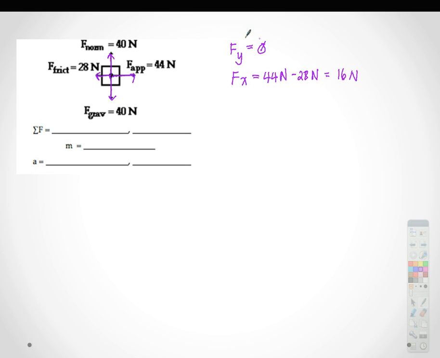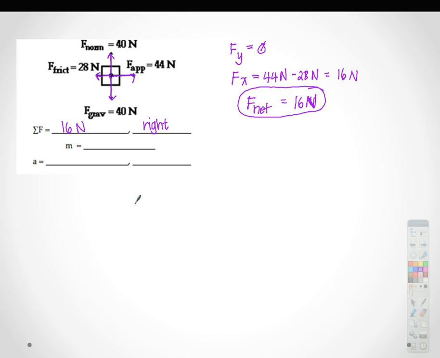Since you do not have force in the y and you only have force in the x-axis, your net force is equivalent to 16 newtons. That is the net force of your system. And what is the direction? Since this one is bigger than the other one, it is going to the right.